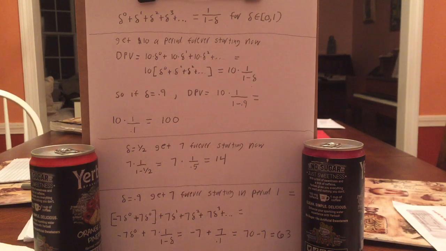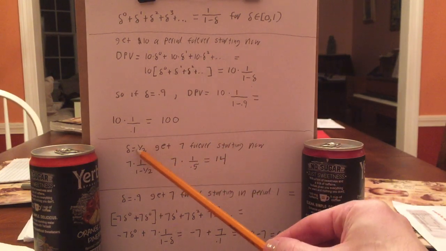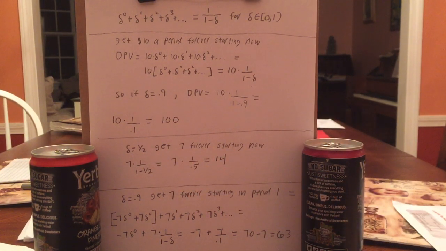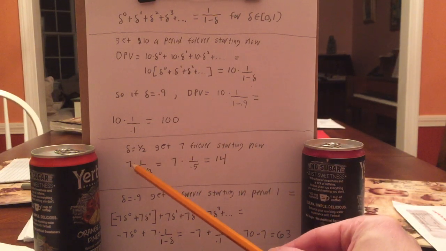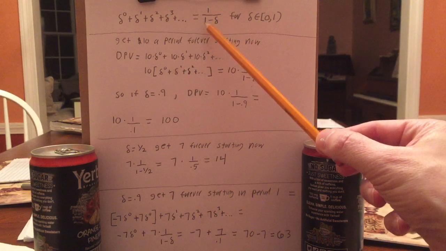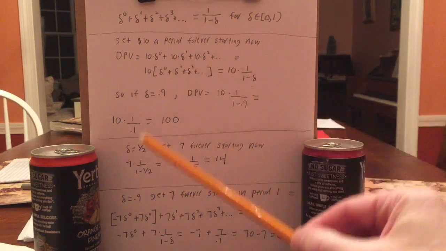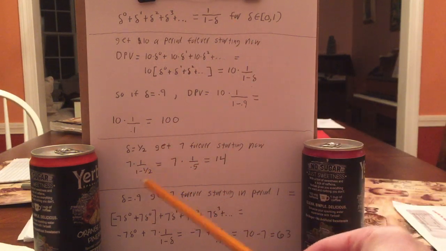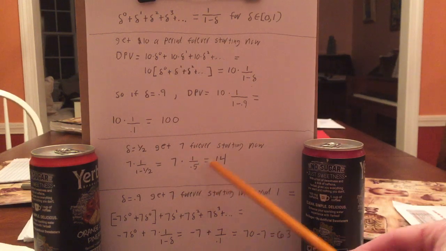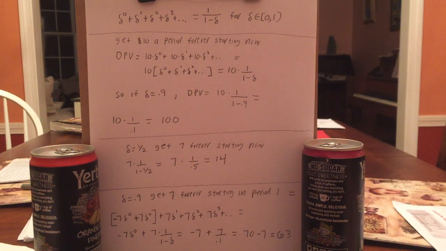So another example, someone gives you $7 forever starting right now, but now your delta is 1/2. What's that worth to you? Well, it's going to be worth 14, because you get 7 forever, and then you multiply it by 1 over 1 minus delta. So 7 times 1 over 1 minus delta, and that's 7 times 1 over 0.5, and that's just 14.